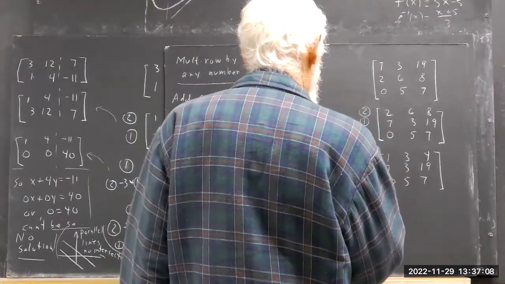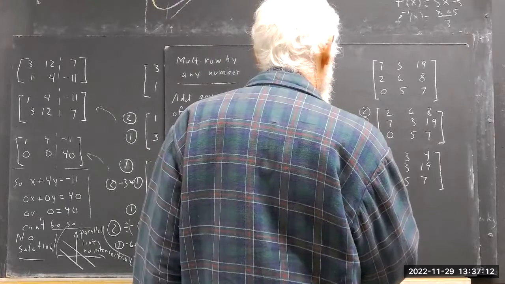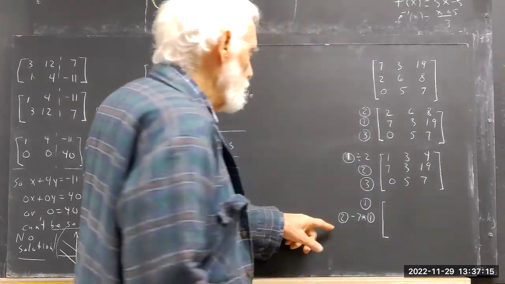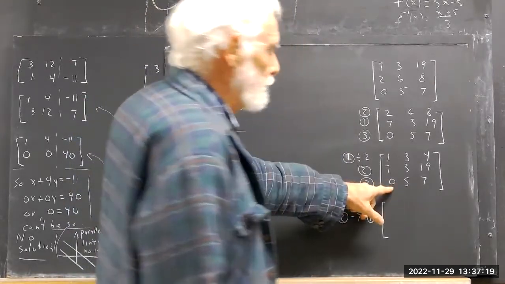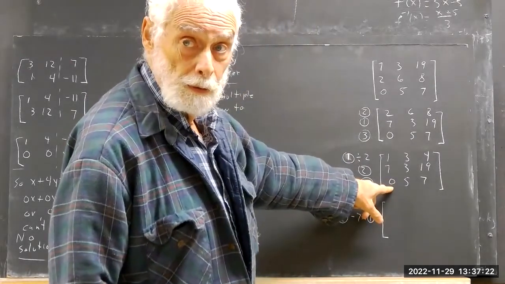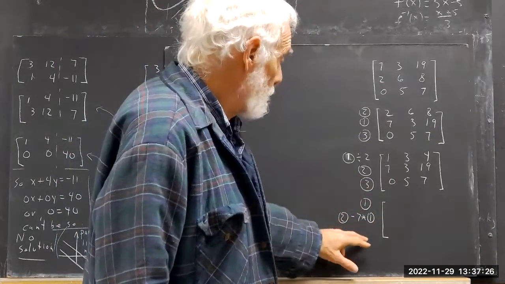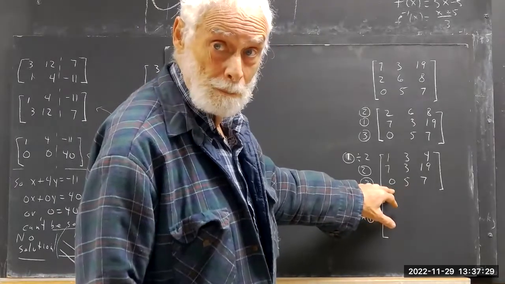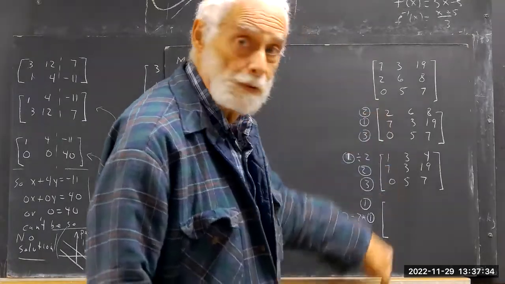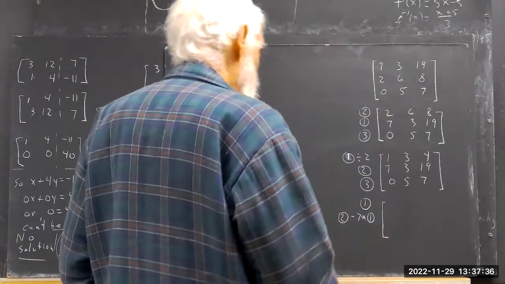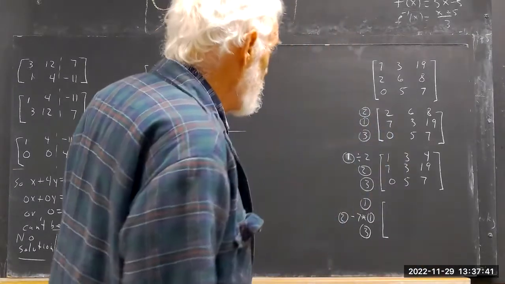I'm going to do second row minus 7 times the first. If I had a number other than 0 here, I'd go ahead and do an operation to get a zero, okay? Just having a one here allows me to wipe out all the numbers below it very easily. In this case, I'm not going to have to do that.